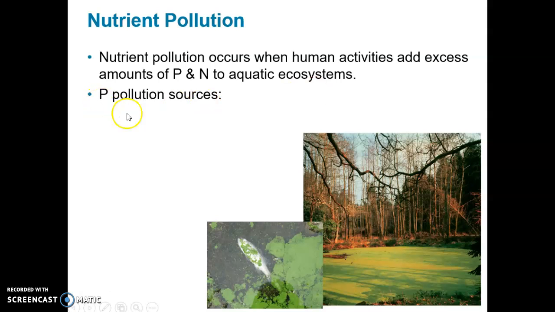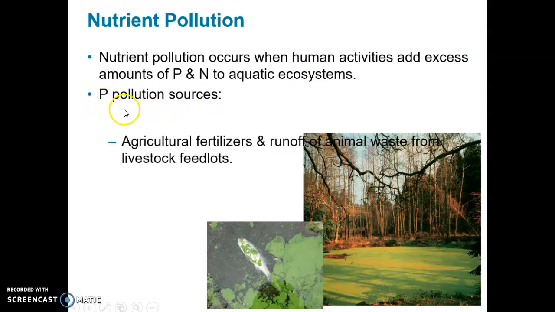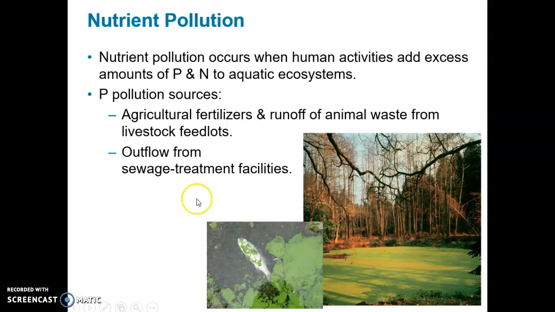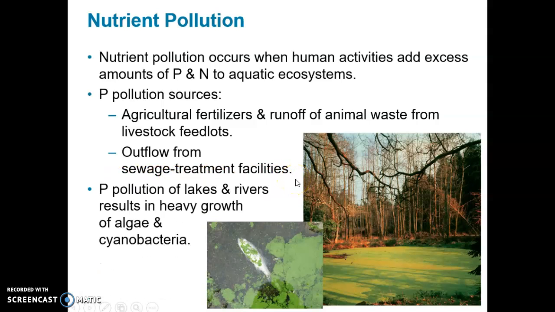So these sources of phosphorus pollution include agricultural fertilizers and runoff of animal wastes from livestock feedlots that get into streams, creeks, rivers, eventually into the larger bodies of water like lakes, and eventually out into the ocean. Also the outflow of sewage treatment facilities that release their water into streams and rivers, usually.